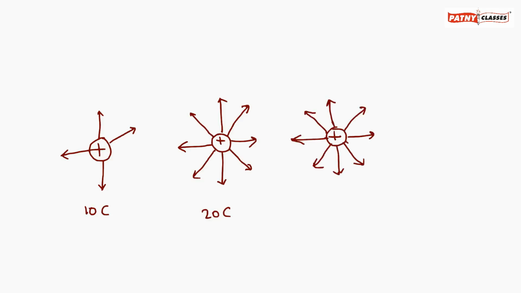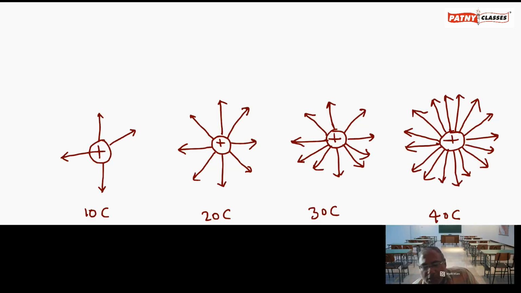In this property, we are going to talk about the relationship between the magnitude of charge and the lines of force. As the magnitude of charge increases, the number of lines of force also increases. For example, consider 4 charges: 10 coulombs, 20 coulombs, 30 coulombs and 40 coulombs.